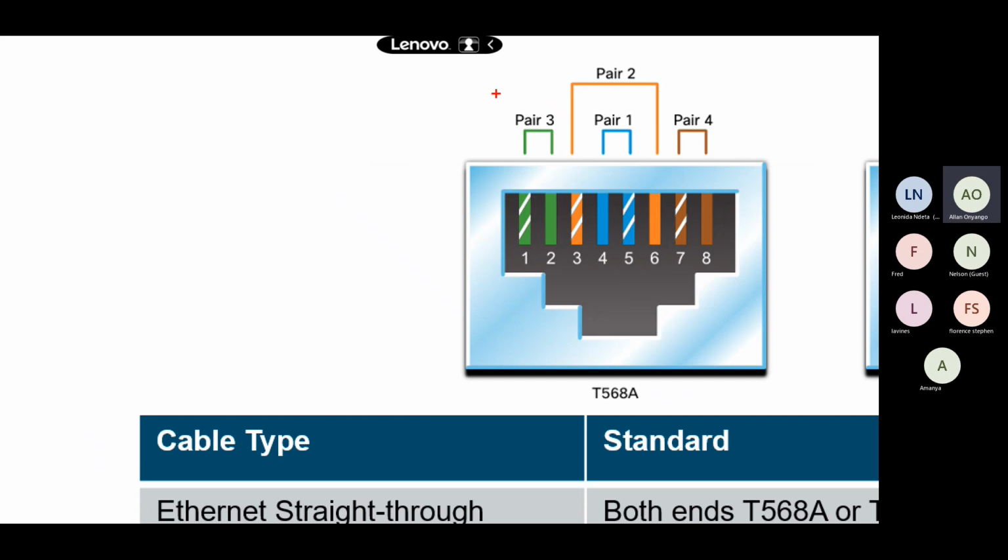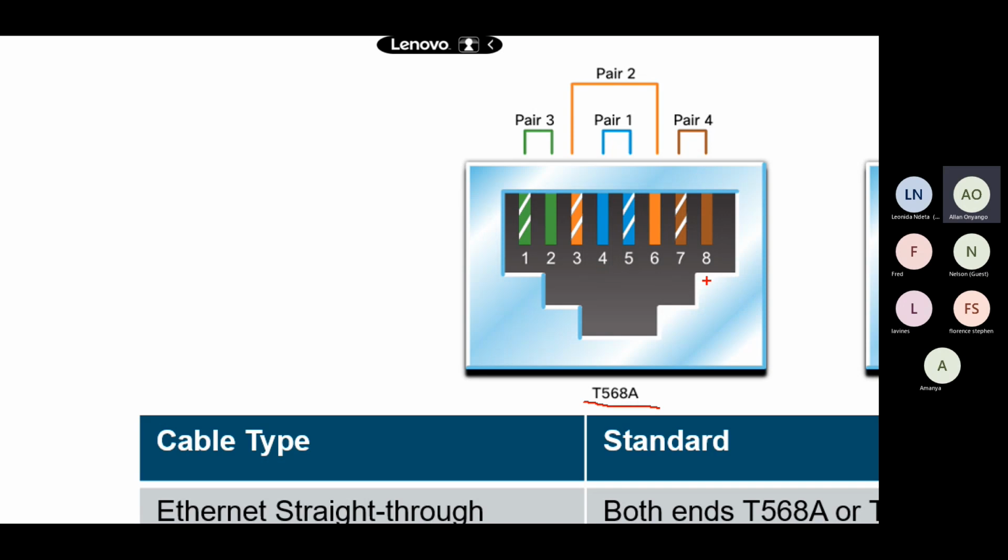So we have the T568A. All colors start with a mixed color except the blues. It's only blue that starts with blue and then white blue. So we start with the greens. So white green, green. White orange. And by the way, the blues are in the middle and the browns are at the end.